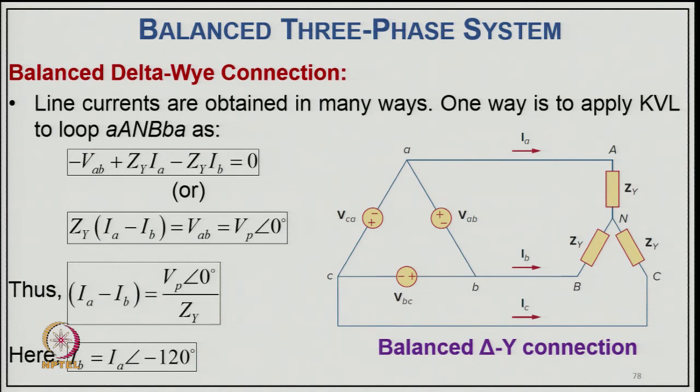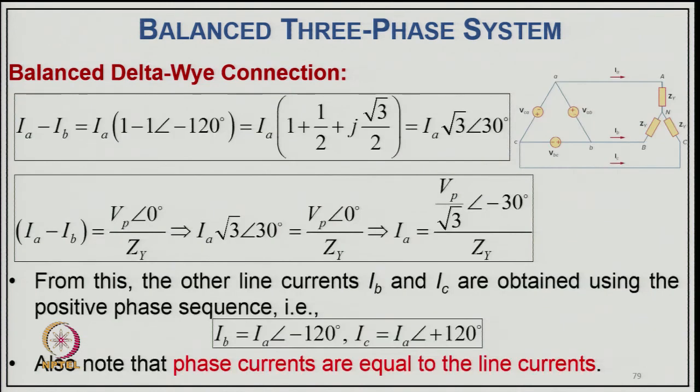One way is to apply Kirchhoff's voltage law to obtain, in this configuration, minus Vab plus Zy Ia minus Zy Ib equal to 0, or you can say Zy in bracket Ia minus Ib equal to Vab, that is Vp at 0, so Ia minus Ib is Vp upon Zy. Ib equals Ia at the angle of minus 120 degree, so Ia minus Ib equals Ia times 1 minus 1 at the angle of minus 120 degree.